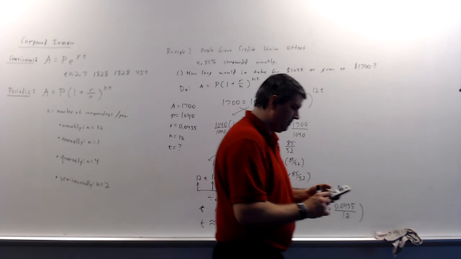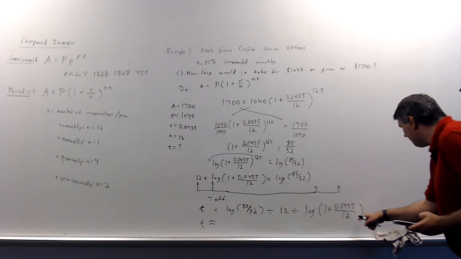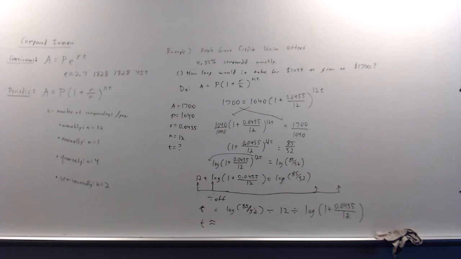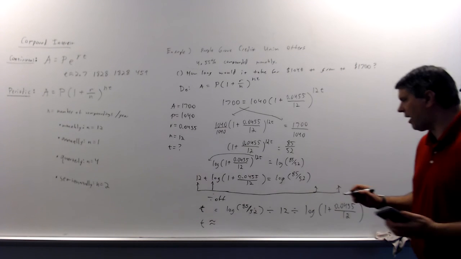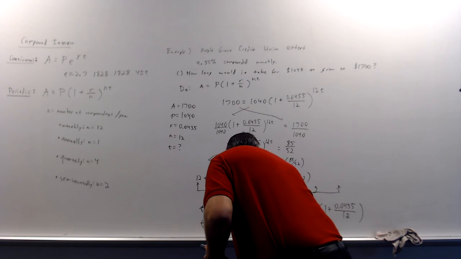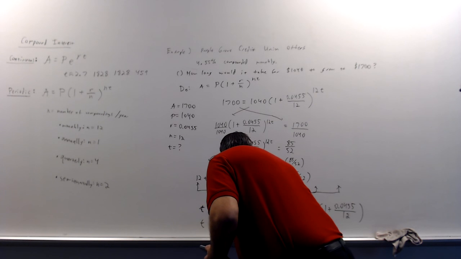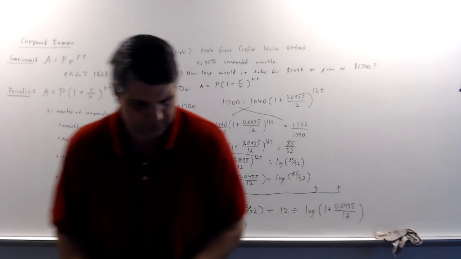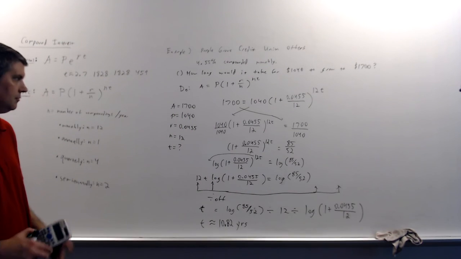Division 12. Balance the parenthesis. Hit enter or equal. I'm looking at approximately 10.82 years. 10.82 years, right?